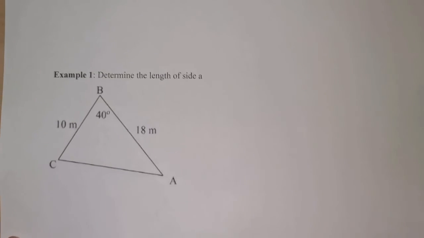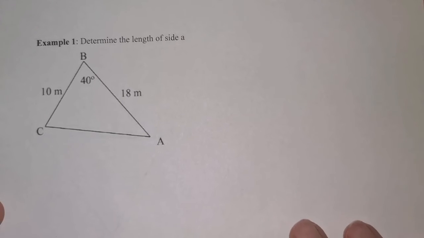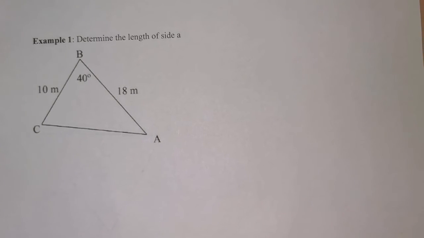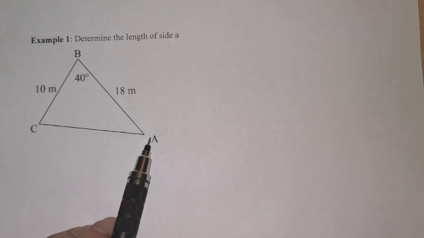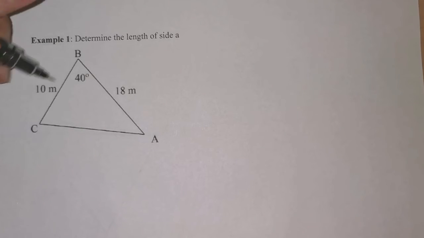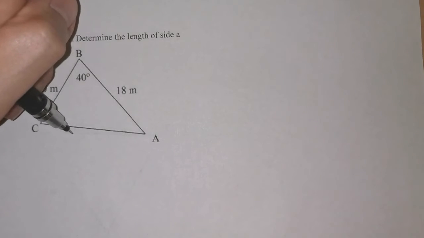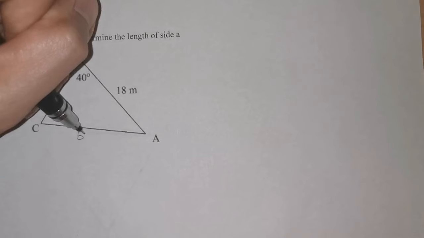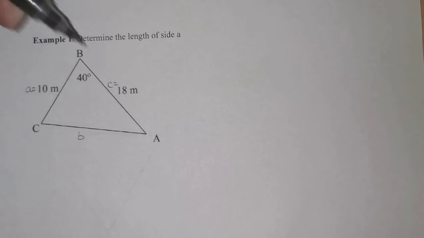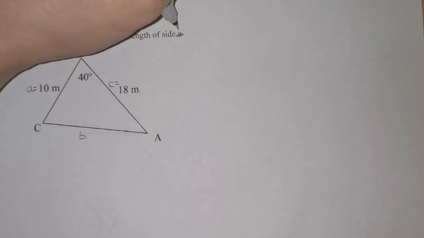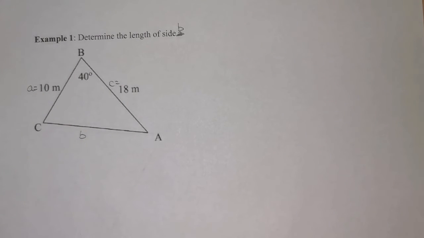Let's take a look at example 1 and see how we can apply the cosine law for this. So we have triangle ABC. That means this side is side A, this one is side B, and this one is side C. And this one, we should be looking for side B, not side A. Okay, so let's start with the cosine law.